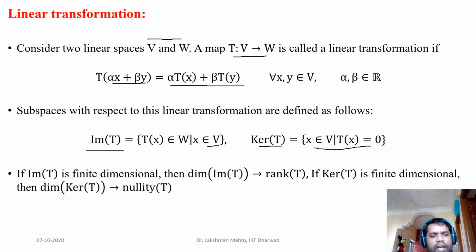If the image of T is finite dimensional, the dimension of the image of T we will call the rank of the associated linear transformation. Similarly, if the kernel of that linear transformation is finite dimensional, then the dimension of the kernel of T we will call the nullity of that transformation.